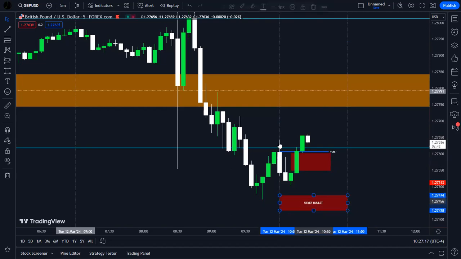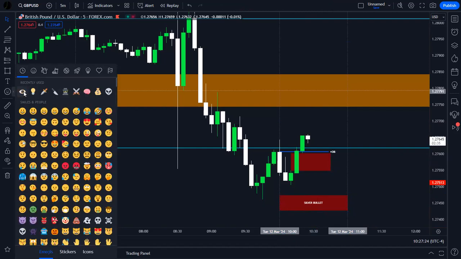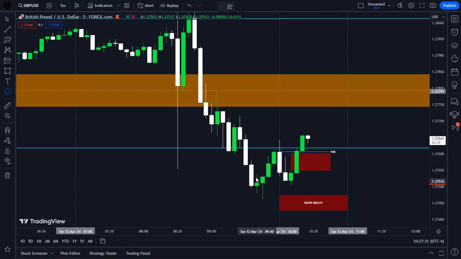We have market structure shift right here, and we have a discount fair value gap and a bullish order block, which must not be revisited because we have spent a lot of time down here, sweeping this low, which was created in the CPI release.